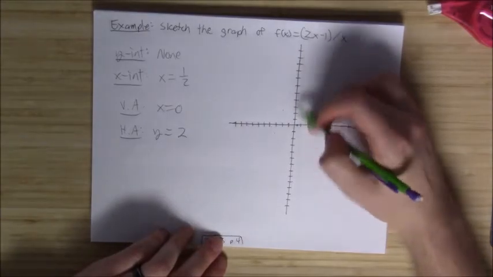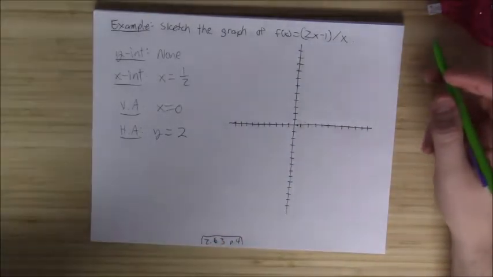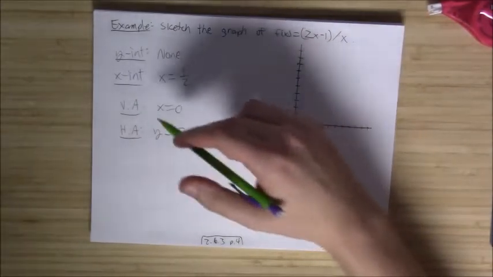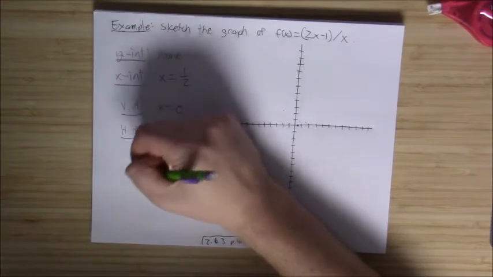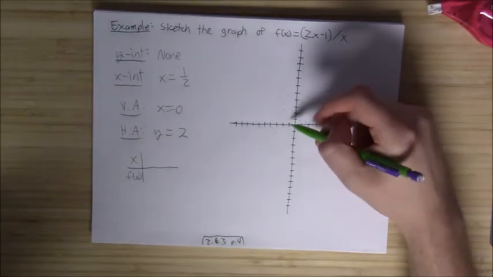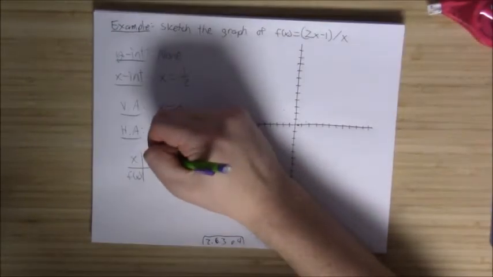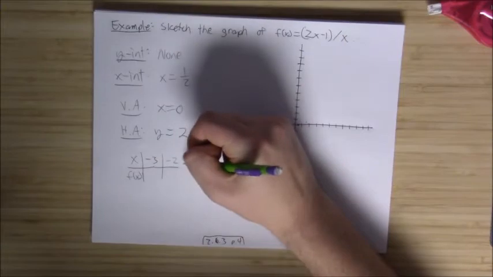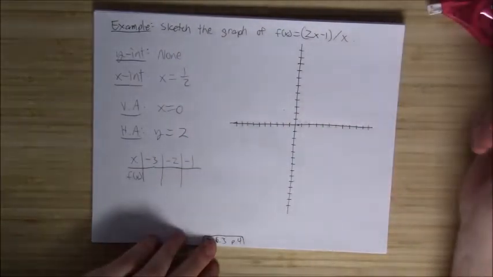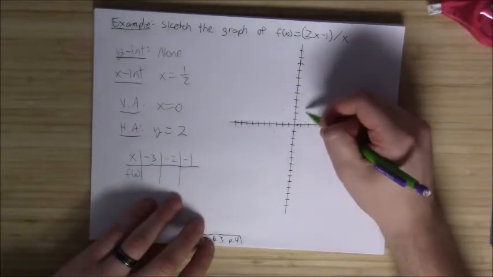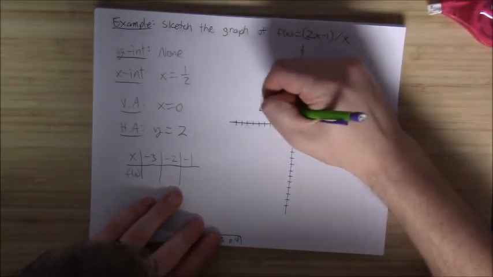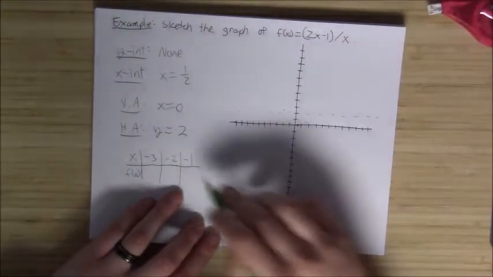So picking some extra points, let's go ahead and draw our horizontal asymptote as well.